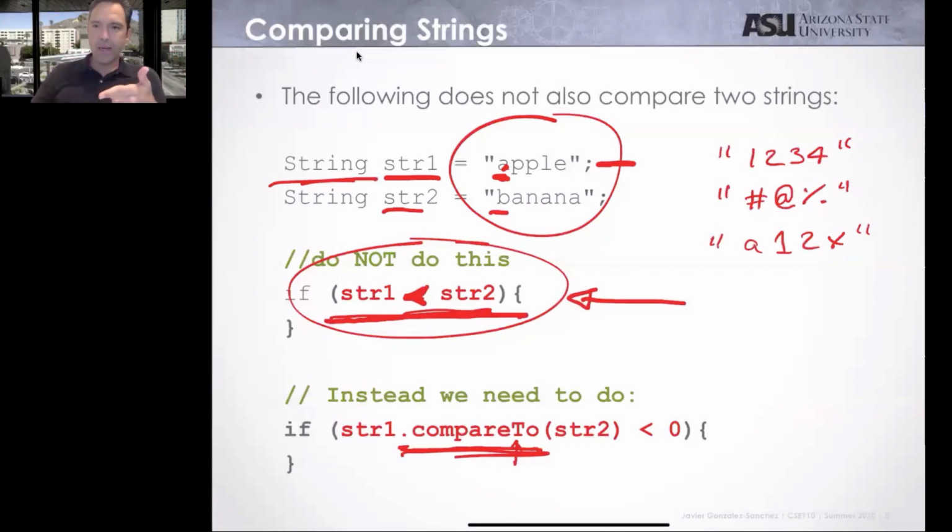So obviously here, the order is going to be according to the Unicode. So the letters are in alphabetical order, uppercase, lowercase, the numbers, and some of these crazy symbols, some of them are after the letters, some of them are before the letters.